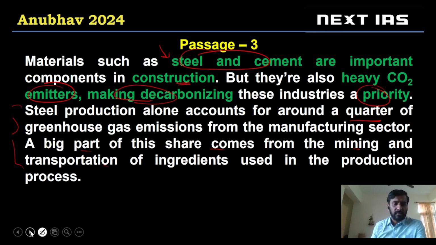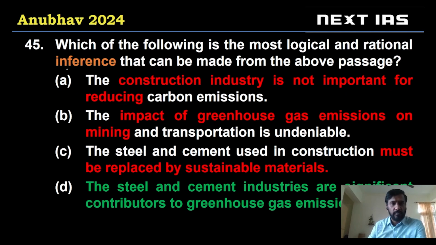So impact of steel and cement is discussed. Now, let's make an inference here. Construction industry is not important for reducing. Incorrect. In fact, the impact of construction industry is huge, is discussed in the passage. Impact of GHG emissions on mining is undeniable. Okay, the impact of greenhouse emissions on mining is undeniable.